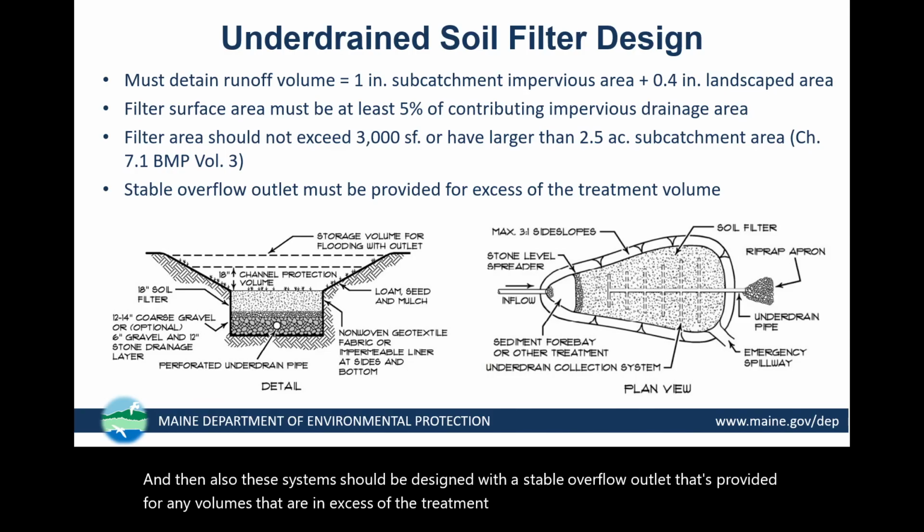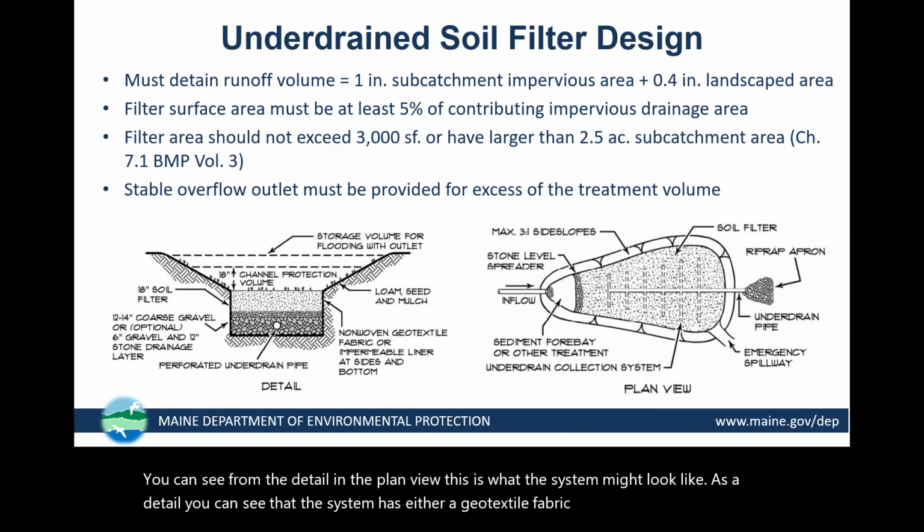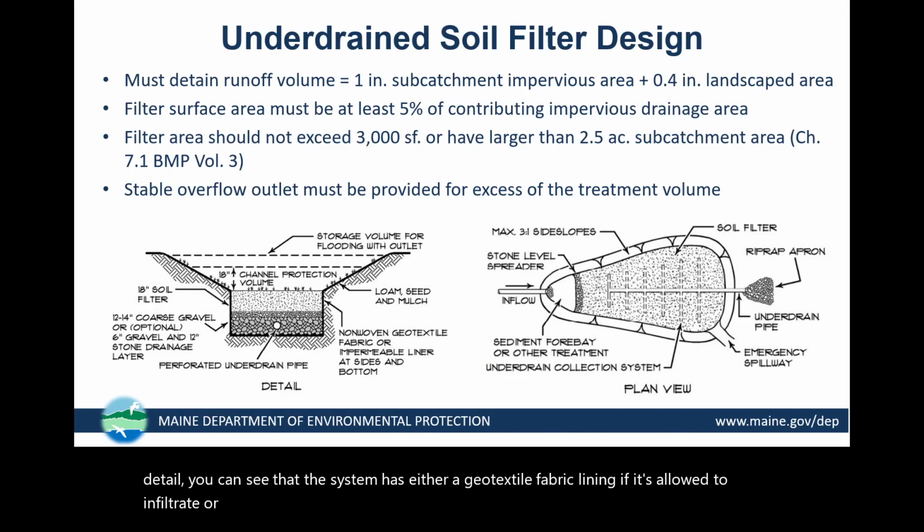You can see from the detail in the plan view, this is what the system might look like as a detail. You can see that the system has either a geotextile fabric lining if it's allowed to infiltrate, or an impermeable liner at the sides and the bottom of the system. There's your underdrain with a gravel layer, gravel reservoir.